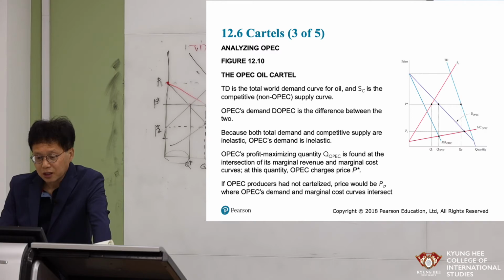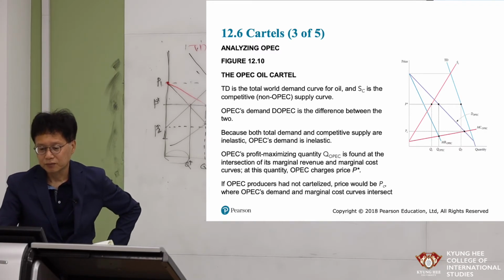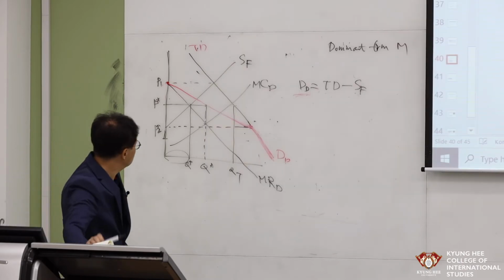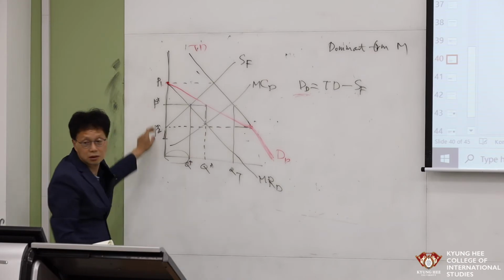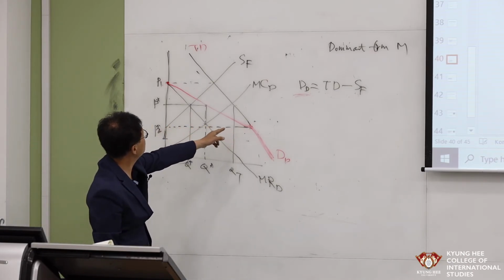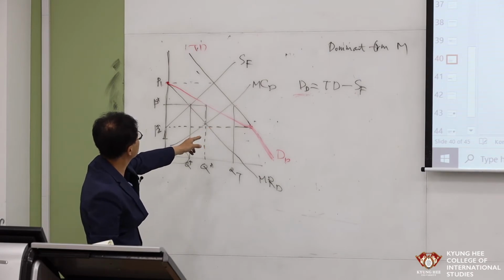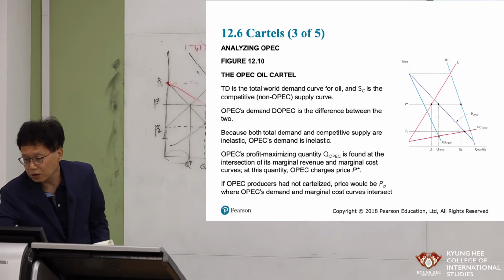So, analyzing OPEC, figure 12.10. TD, right? For example, now think about, in this example, what is the perfectly competitive price?